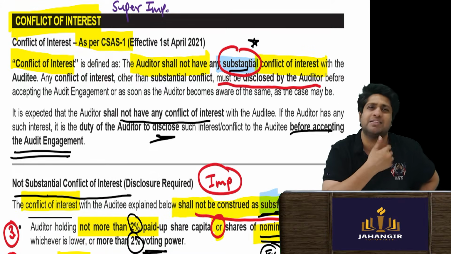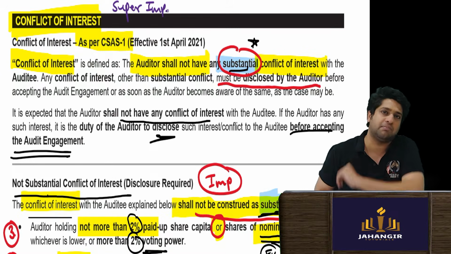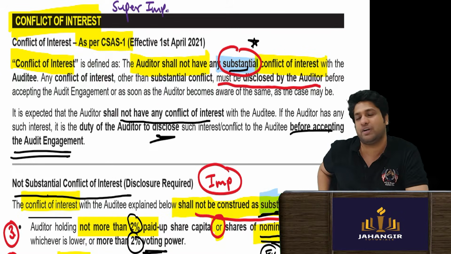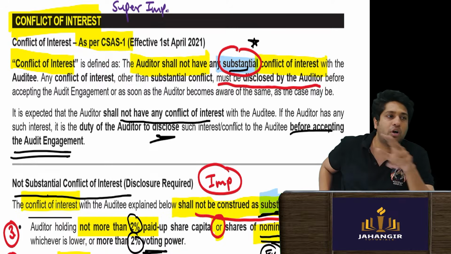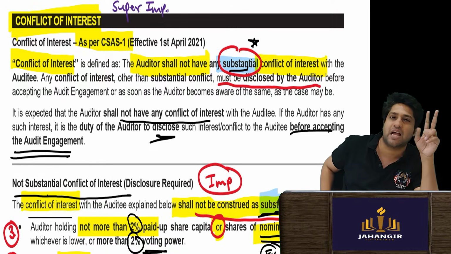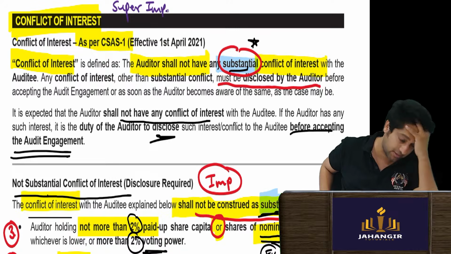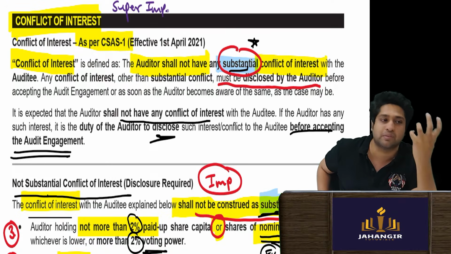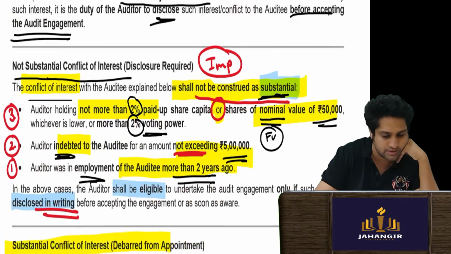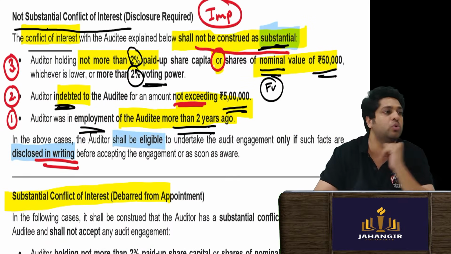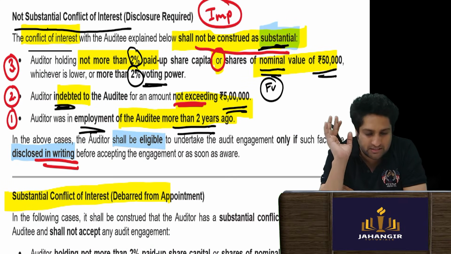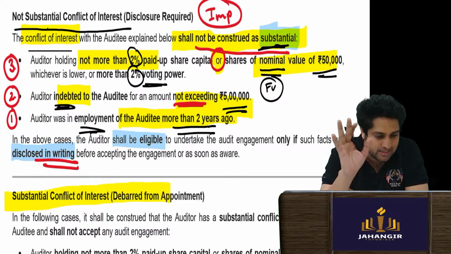And if my best friend is in the company, can they say conflict of interest? The answer is no. The word that they have used is substantial conflict of interest. Now, how do you determine the term substantial? So let's see. So no substantial conflict of interest is there.